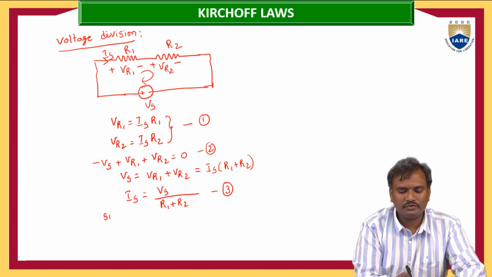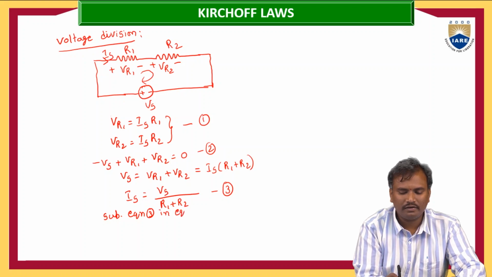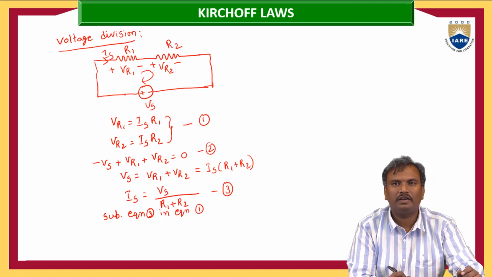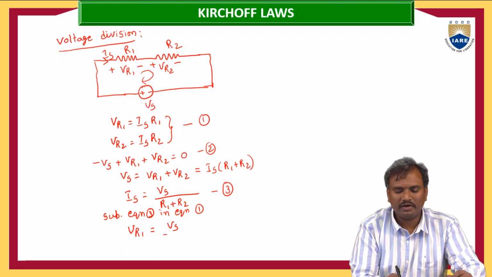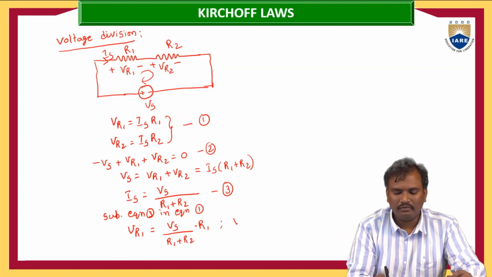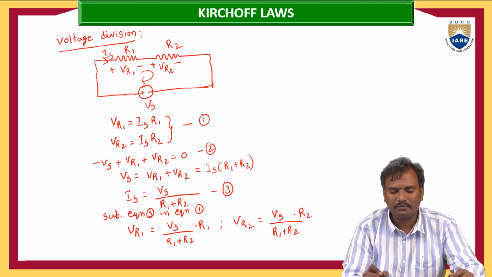Okay, substitute equation 3 in equation 1. That is, VR1 is equals to Vs by R1 plus R2 into R1, and VR2 is equals to Vs by R1 plus R2 into R2.